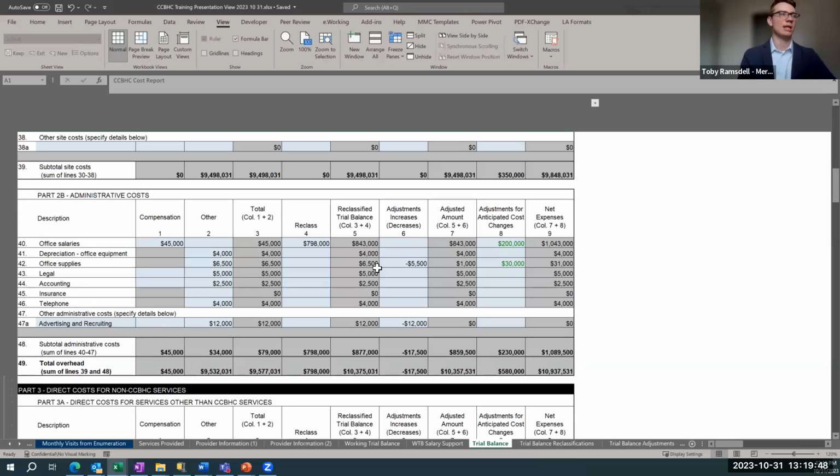Again, make sure any necessary reclassifications are made, and I will say the indirect cost area is where I personally see the majority of adjustments needing to be made.